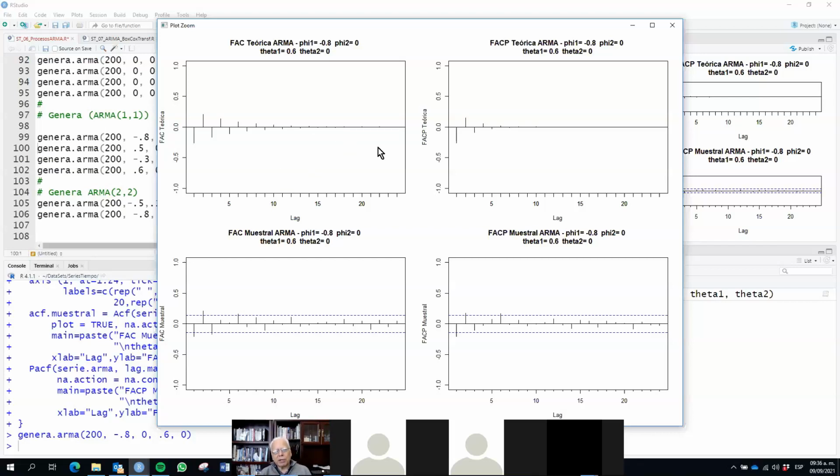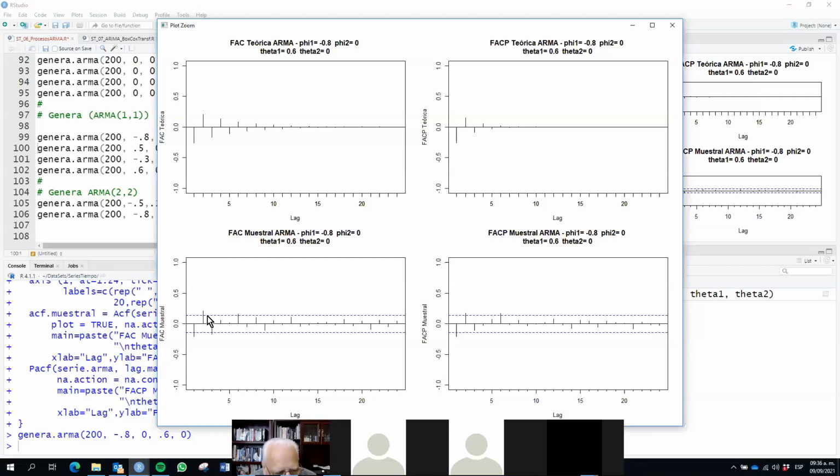You need to get familiar with different theoretical ACFs and PACFs for different models, so I want you to use this function to generate more models and look at how these theoretical graphs look. This is simulated data, so it's easier to model, but what we'll have to do is work with the sample autocorrelation function and sample partial autocorrelation function to identify the right model.